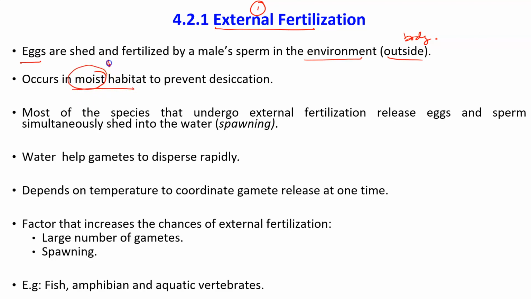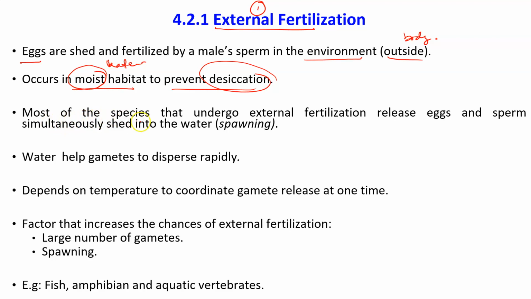It must have water. Water is a medium for the sperm to swim to the eggs, and also to prevent desiccation of the gametes, kering, gamet tu daripada kering lah, kan? So that's why fertilization has to occur in a moist habitat, a habitat that has water.